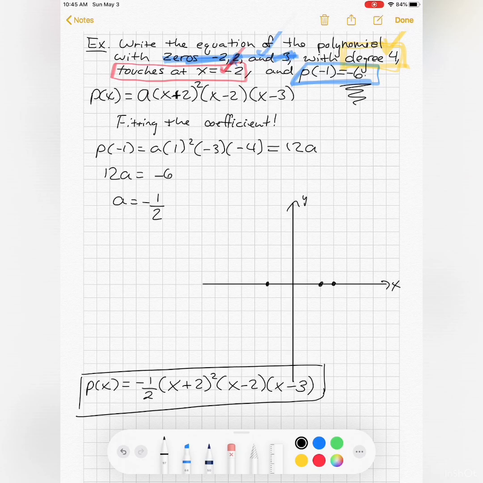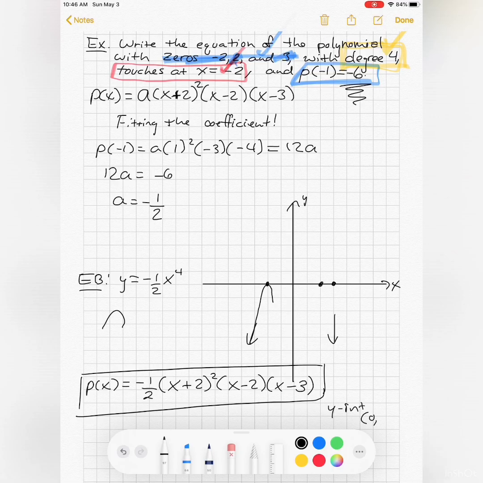Okay, then should I finish graphing it? So let's see. The end behavior, I'm kind of just going through this one. You can do this pretty quickly. Leading term will be 2, 3, x to the 4th. Okay, so down, down. At -2, the multiplicity is 2, it touches. I didn't find the y-intercept.